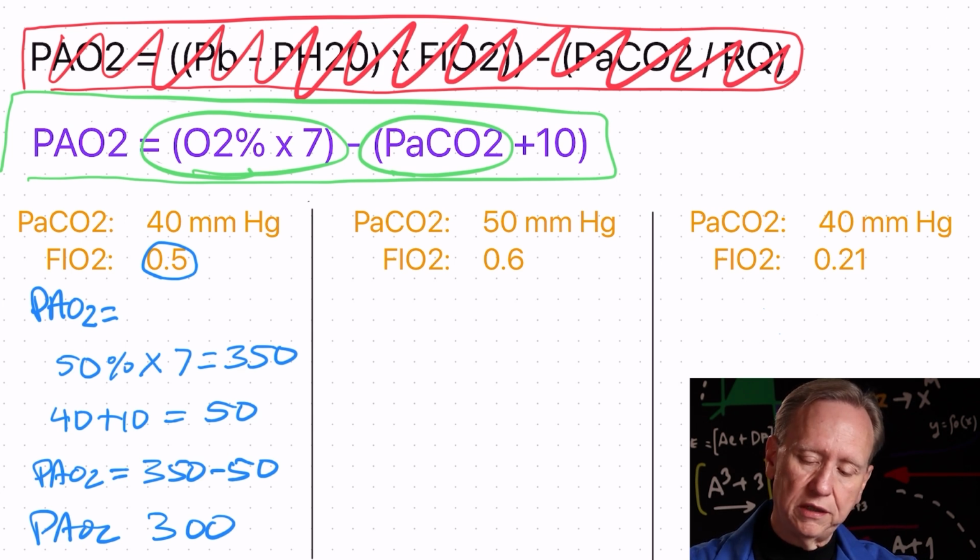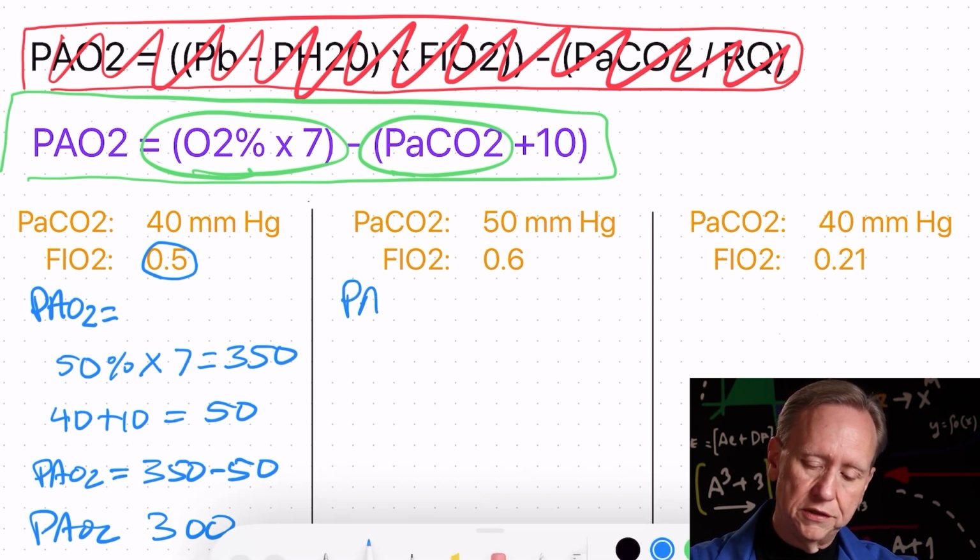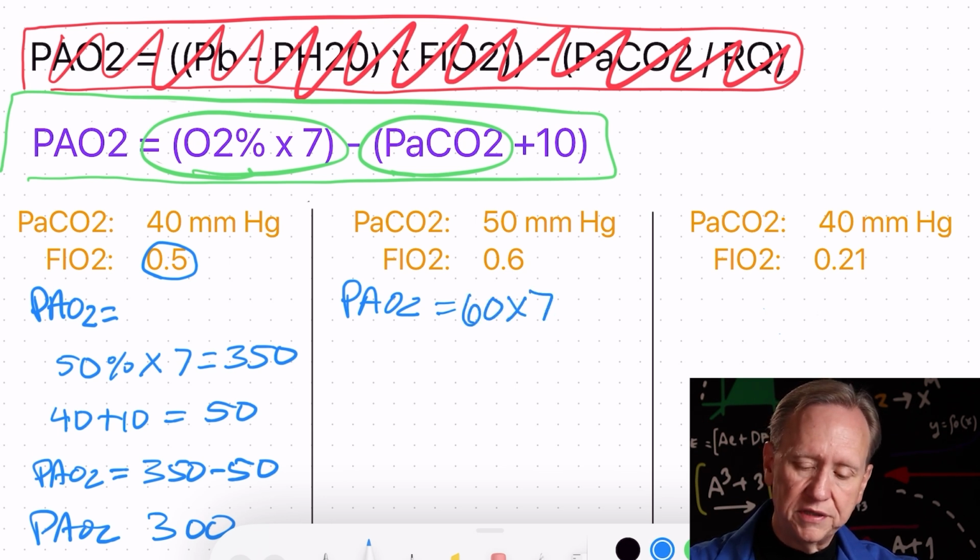Remember, we're calculating the PaO2, and so the PaO2 is equal to, well, what's the FiO2? 60, but we're going to use it as the percent form times 7, and so that's the first part. But then we also need to subtract the next part. This right here is going to equal 420.